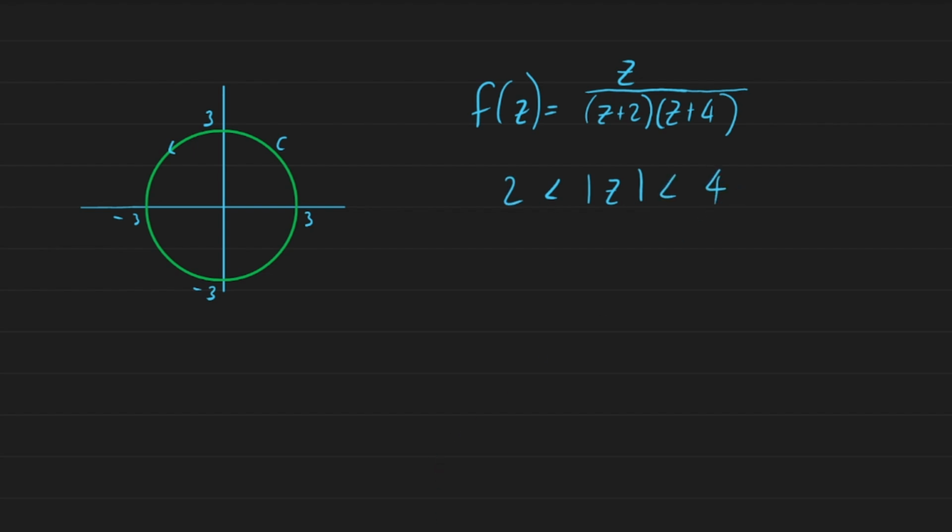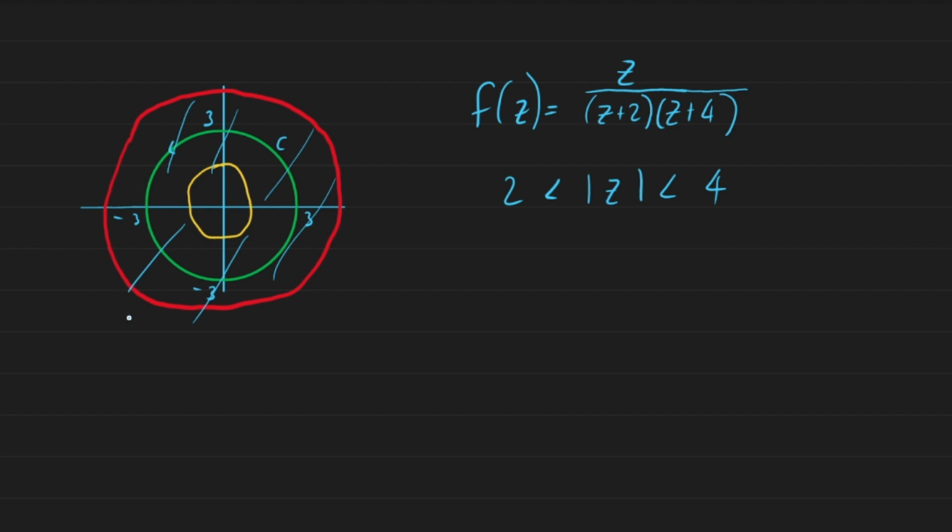If we were to draw |z| being more than 2, then it probably might look like this. And then |z| less than 4, that would be outside here, like that. So we can see now that our contour is inside this annular region. So that's good. That is what we want.